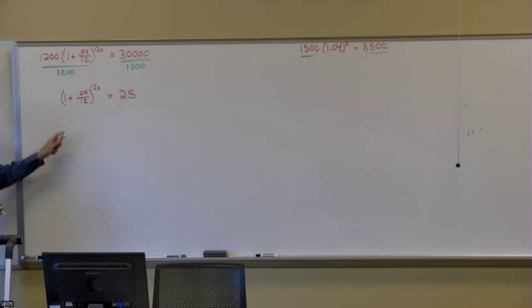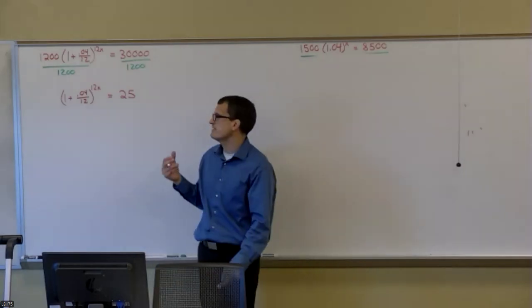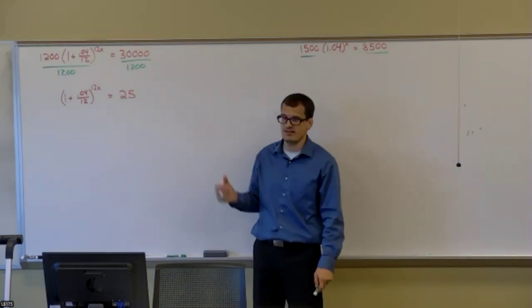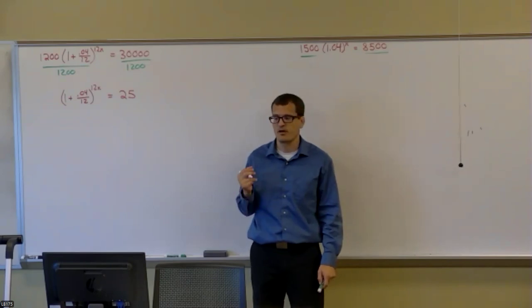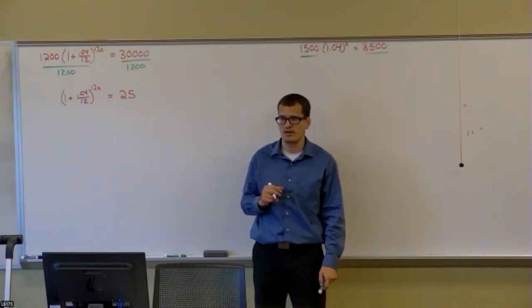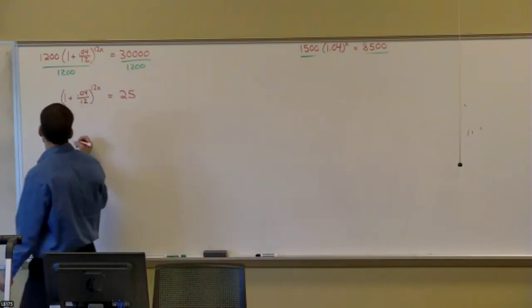Now I can take natural log of both sides, or I can take log of that base, 1 plus 0.04 over 12, as my base on both sides. Okay. I'll do the natural log version of this.